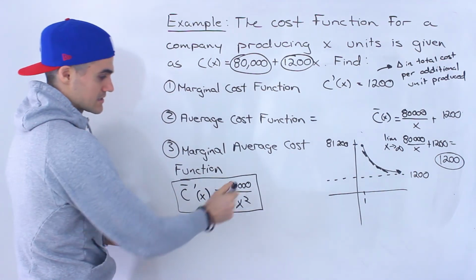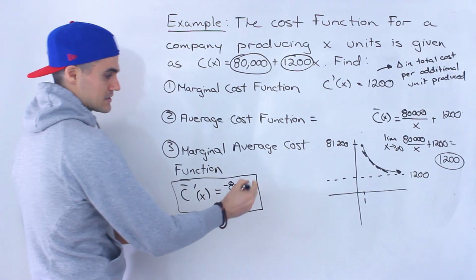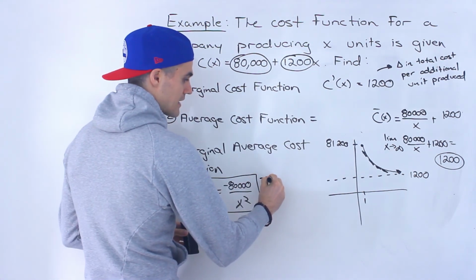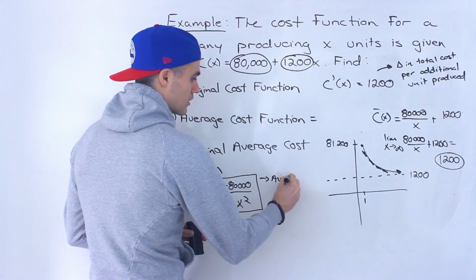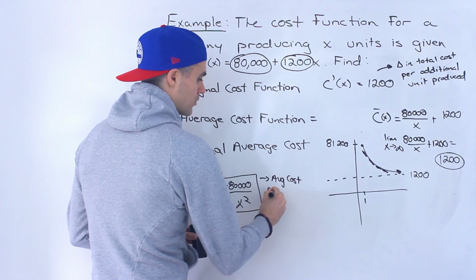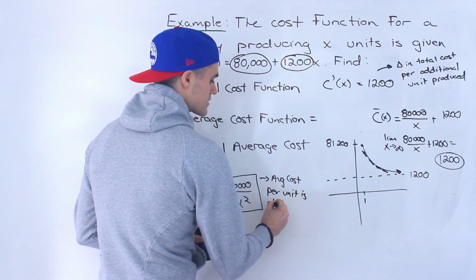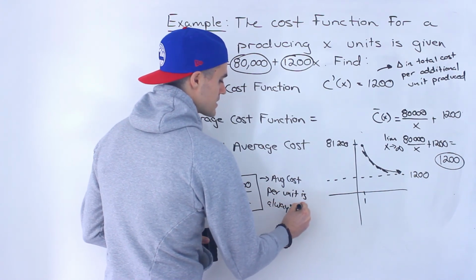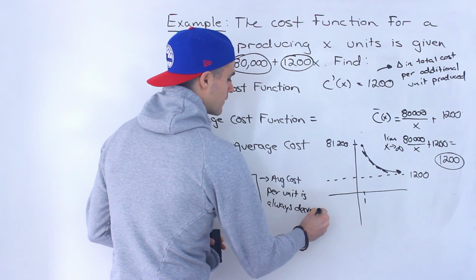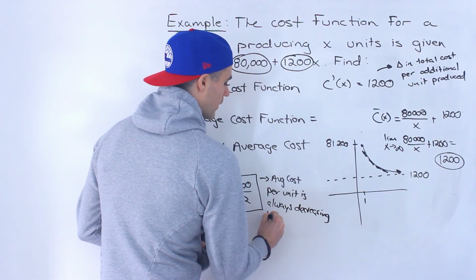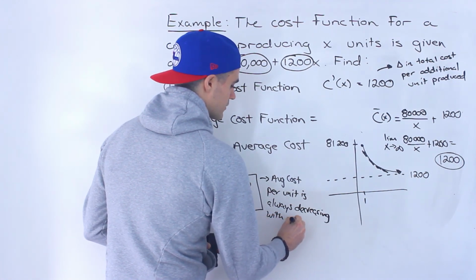So it makes sense that this is negative. What this means is that the average cost per unit is always decreasing with more production.